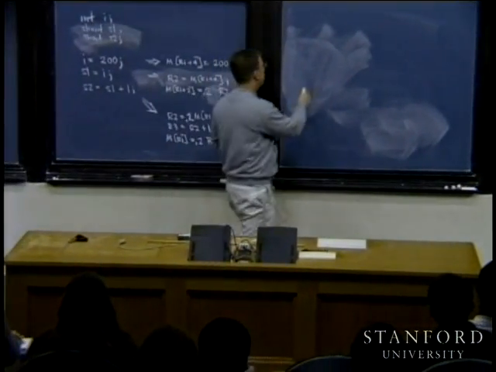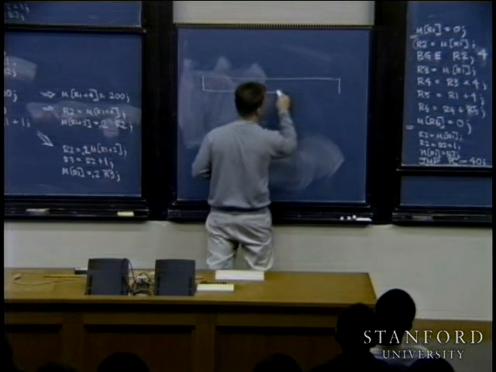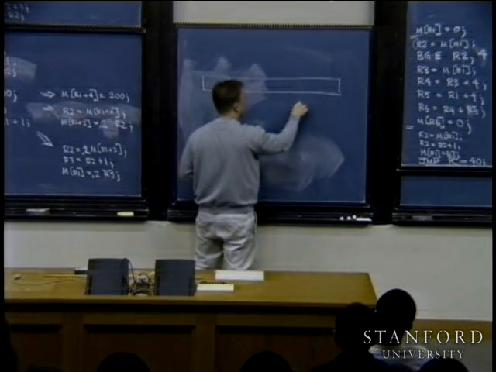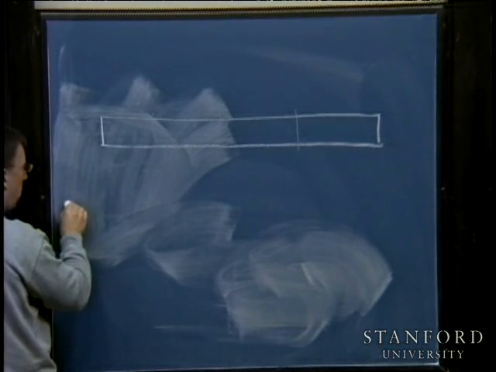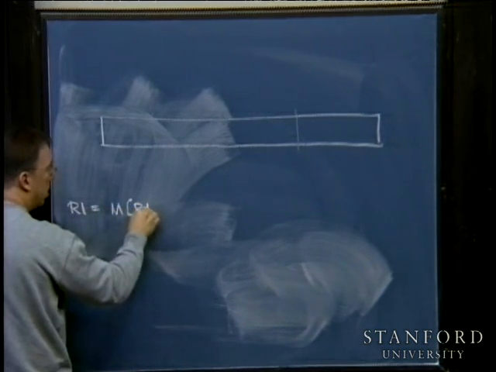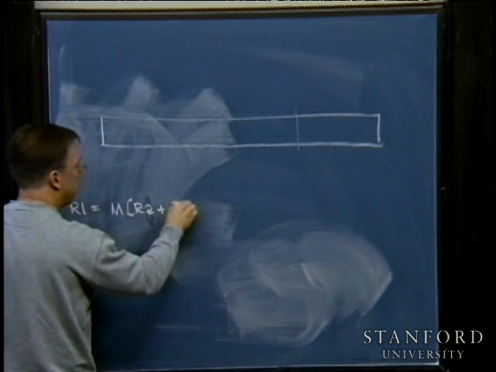into little packets or little subpackets. Here is a 4-byte instruction. And I'll just draw very loose boundaries here for the bytes. We're used to instructions like this. R1 is equal to M of R2, M of R2 plus 4.